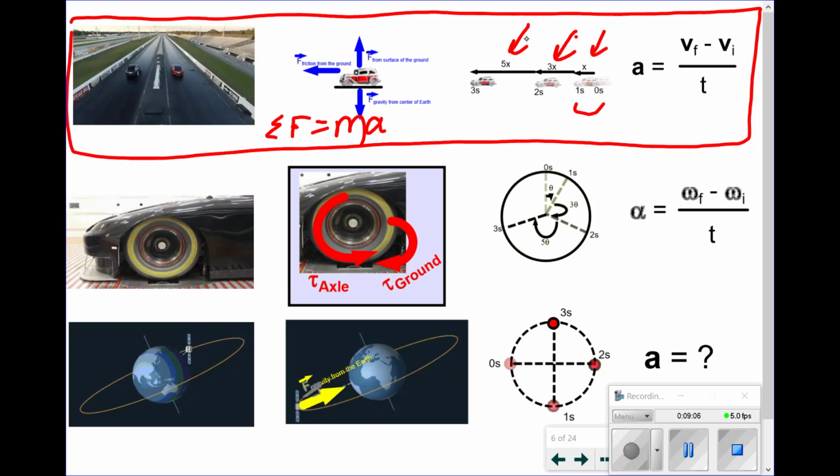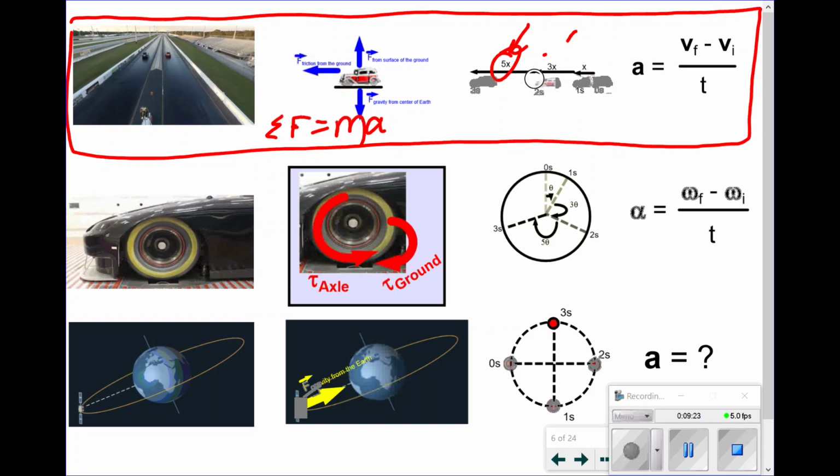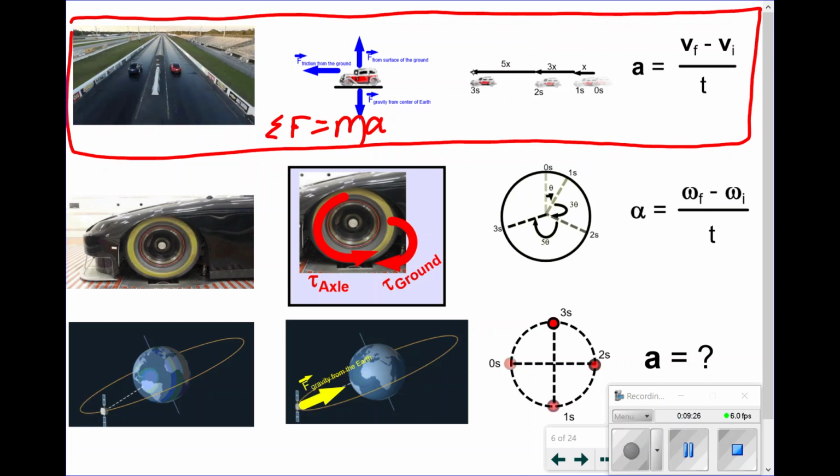So the distance I travel in the first interval is x, then my next interval will be 3 times my first distance. Then my next interval, I go 5 times that first distance. If I go for another interval, it'd be 7 times that first distance. And this is how we get that exponential growth, which is formed by the rule of odd numbers.